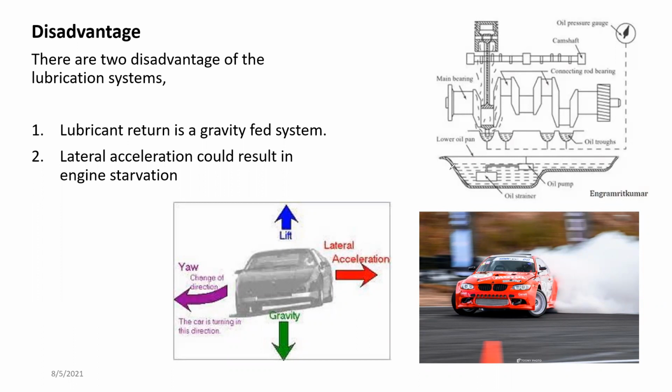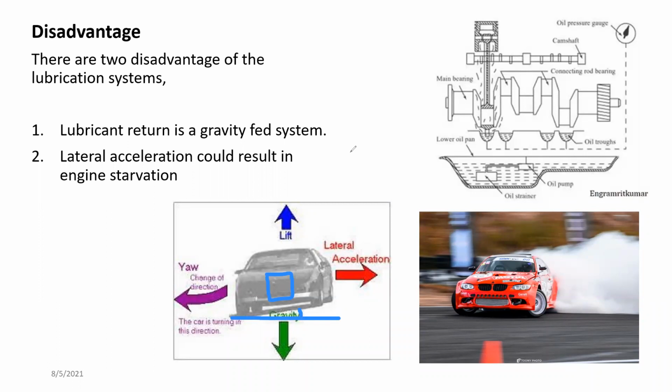But when you are driving hard, taking a lot of turns, braking and accelerating very fast, this causes the lubricant to move. For example, if the engine is here, you can see this car is somewhat angled.